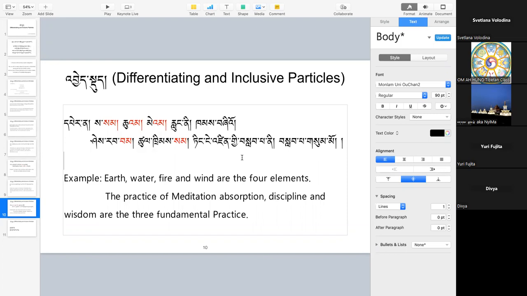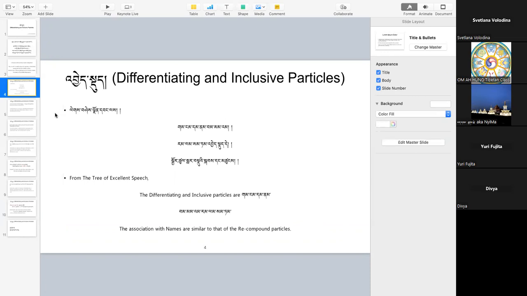Okay, so now let me try to summarize everything. The differentiating and inclusive cases are associated with 11 particles. These 11 particles are kam, ngam, tham, nam, hum, mum, ram, lam, sam, and tam.